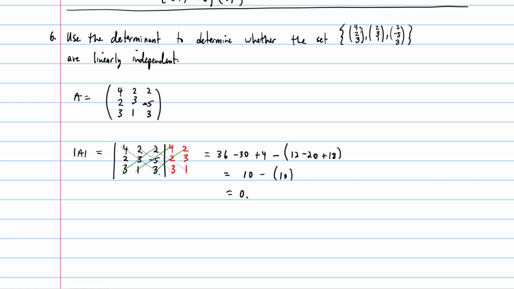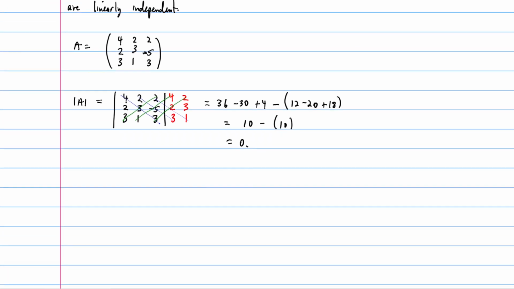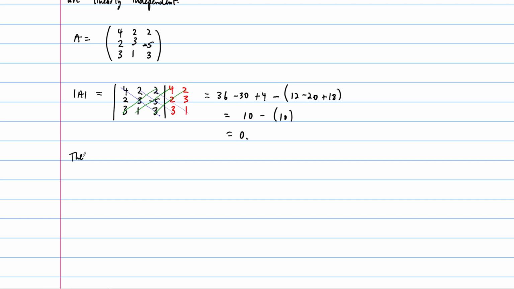That means that the columns of the matrix are linearly dependent, but those columns came from the original vectors in our set. And so our conclusion is that the set of vectors 4, 2, 3, 2, 3, 1, and then 2, negative 5, 3 are linearly dependent.